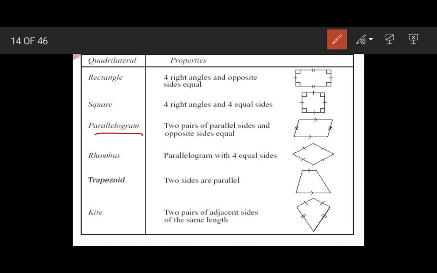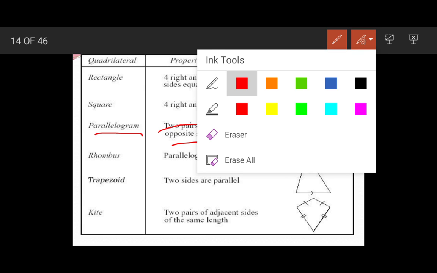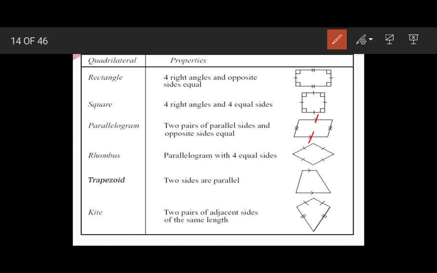Then parallelogram. In parallelogram, there are two pairs of parallel sides and opposite sides are equal. So opposite sides are equal and parallel, but there is a difference between rectangle and parallelogram. In rectangle we are having right angles, but in parallelogram we are not having right angles.